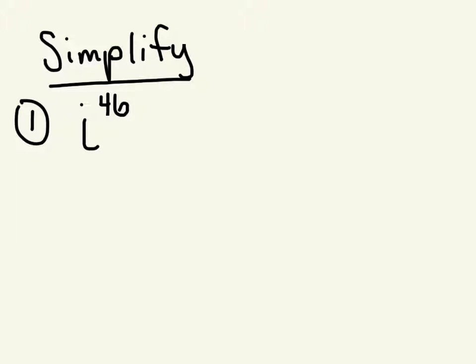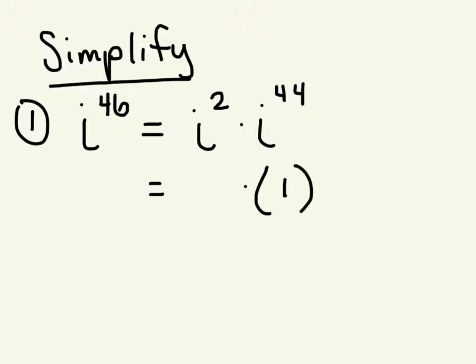Since my exponent is even, however, not divisible by 4, I'm going to separate this into i squared times i to the 44. I've done this because I know that any exponent that is divisible by 4 can be substituted for the value of 1, and i squared is equal to -1. Therefore, i to the 46 is equivalent to -1. This is by using logic.